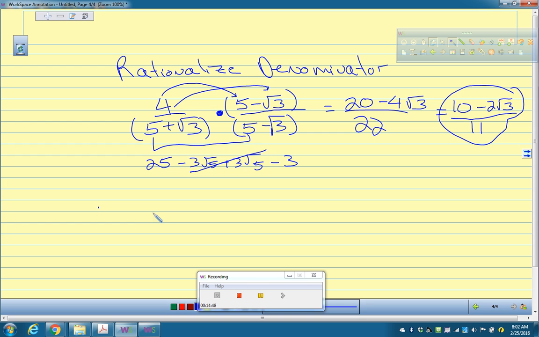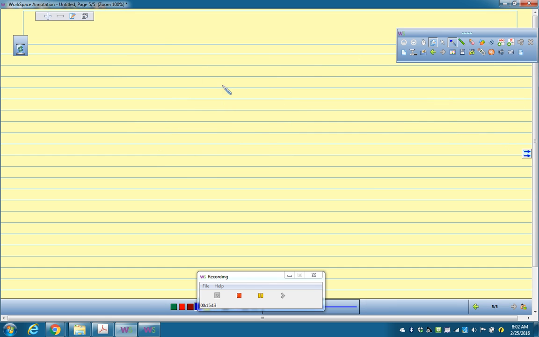There we go. So this one is going to look a little bit different when you get done, but this is a good try. So rationalize. No, that's wrong.